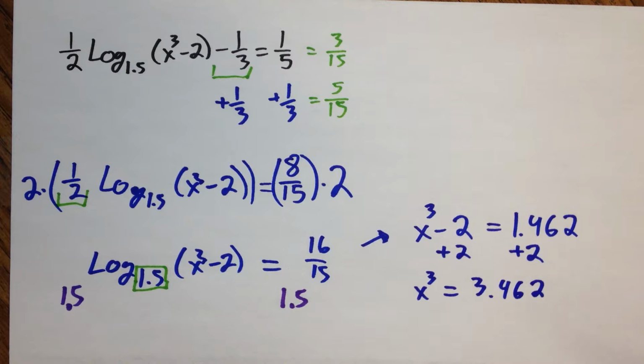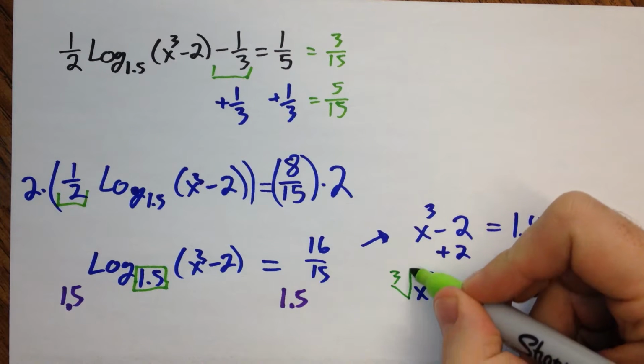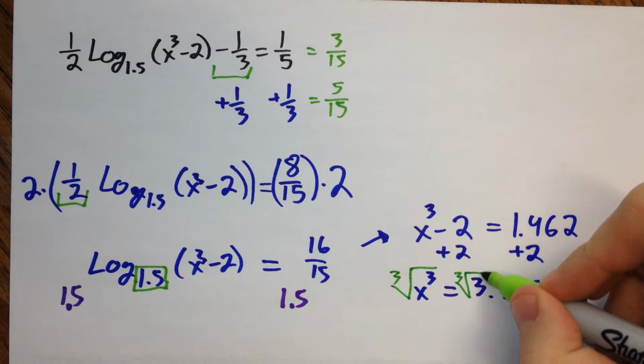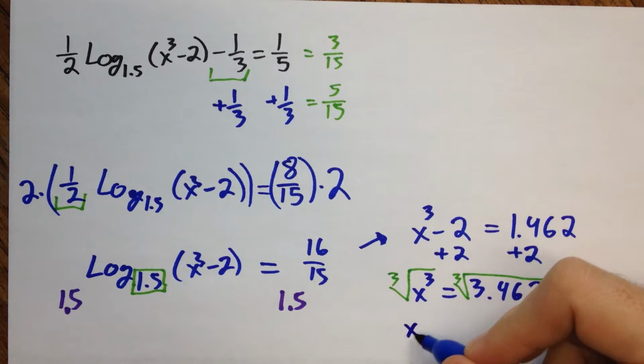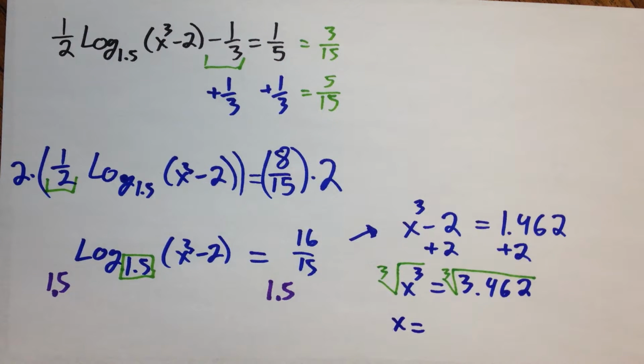And then the last bit is to get rid of the square. Well, we can't forget what we've done earlier in this semester. We undo squares by using square roots. And so when we take the square root, we get an x all by itself. Now, we have to take the square root of this 3.462.